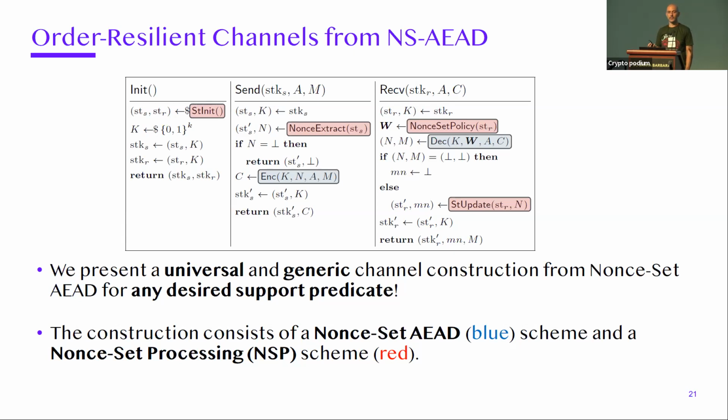And if the decryption succeeds, then we call the state update algorithm on the nonce that is returned by the decryption algorithm and the current state. And this updates the state and also returns a message number indicating the position of the recovered message within the current sequence of messages at the receiver.